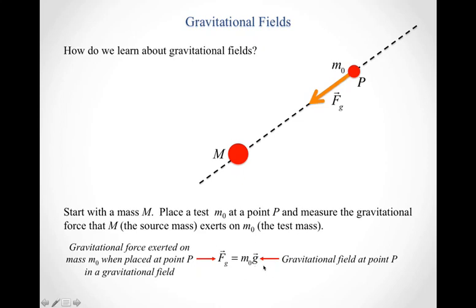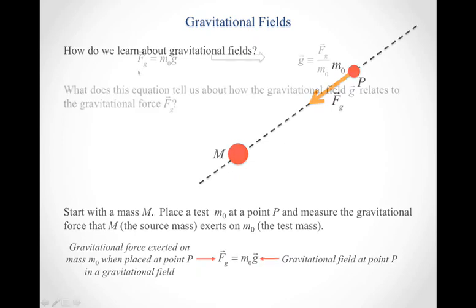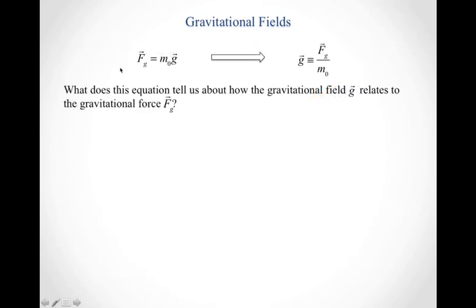This equation is really what we're going to use to figure out what's going on with the gravitational field. So I can take this equation that tells me how the force and the field relate to each other and solve it for the field. And so what it tells me is that I can basically define the gravitational field as the gravitational force per mass.